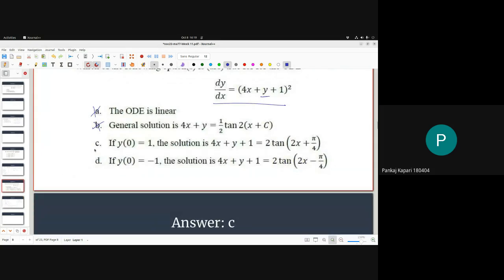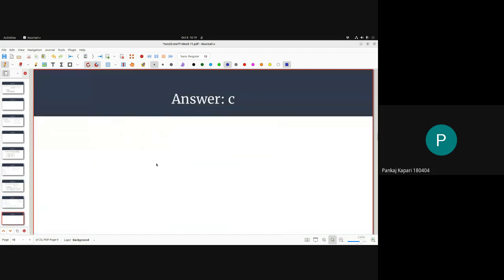Now we have to check about c and d. In these two options, a particular value is given that the dependent variable takes value 1 or minus 1 at the origin, at x equal to 0, and then we have to find the value of the arbitrary constant c and then find the particular solution. So we'll check them one by one. Let's put x equal to 0 and y equal to 1 and minus 1.